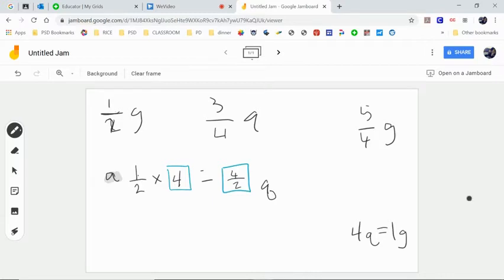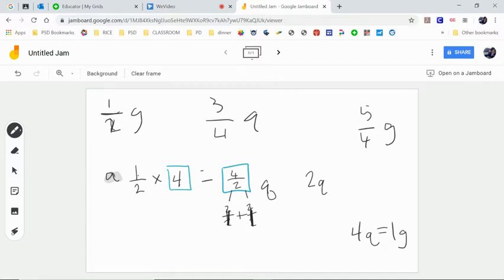I can decompose this into 2/2 plus 2/2, and I know that these both equal 1 whole. So for this first one, it would be 2 quarts.